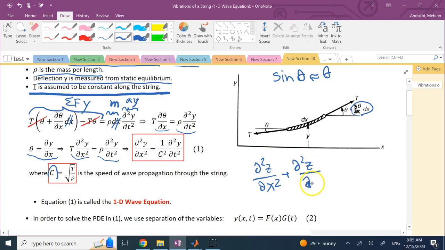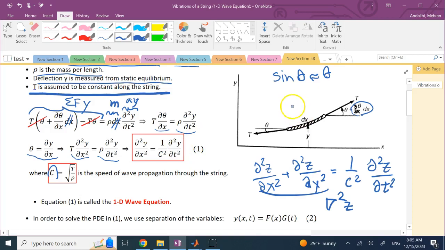When added together, this is equal to what? 1 over c squared times the second partial of z with respect to time. So this is the 2D wave equation, and if there is another one, it's 3D, and you can write this as del squared of z. So this is 2D, but this is the 1D because our medium is 1D here.